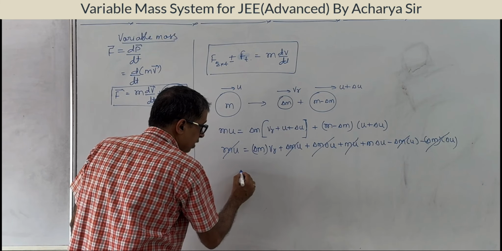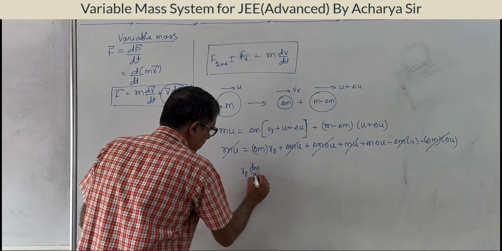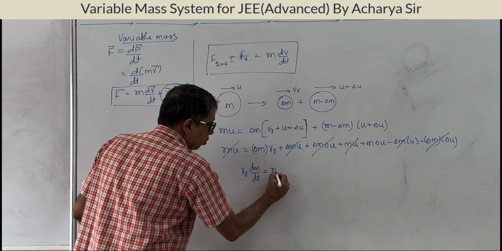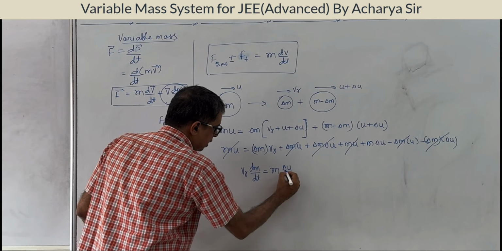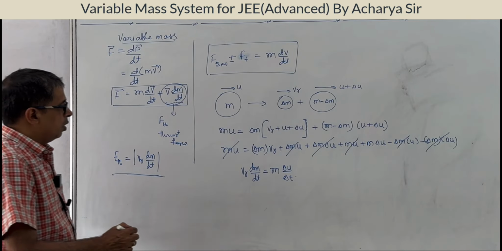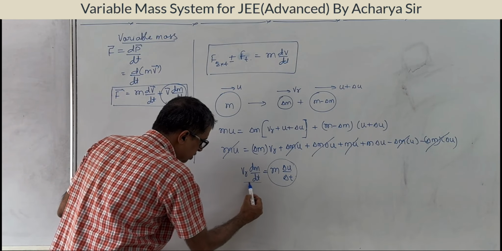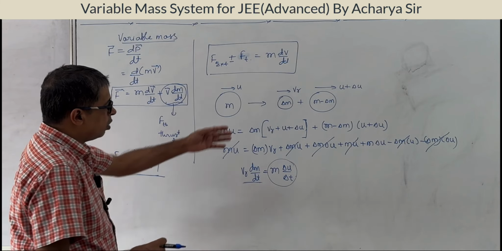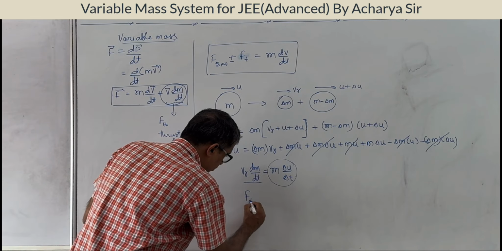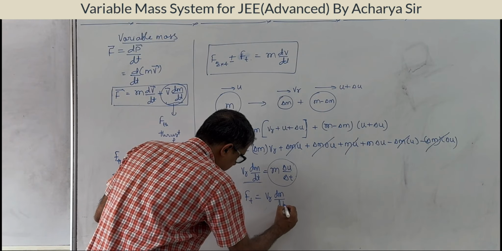I am left with Vr dm/dt equal to m into delta u/delta t. This is the force acting because of the variable mass. So we call this the thrust force, Vr dm/dt.